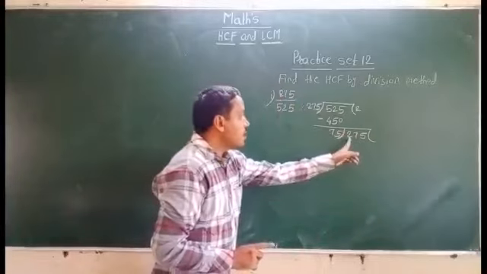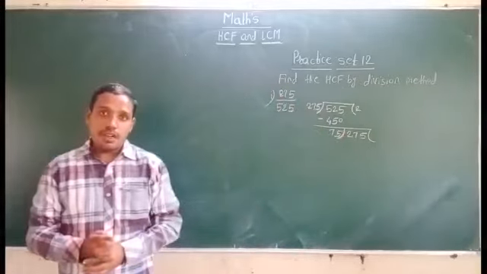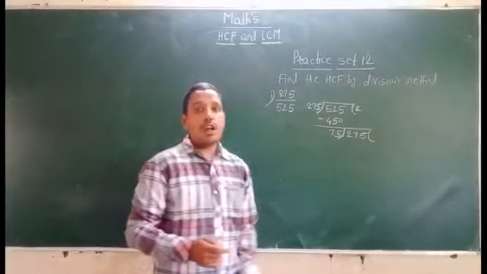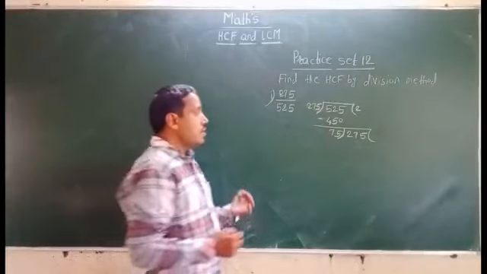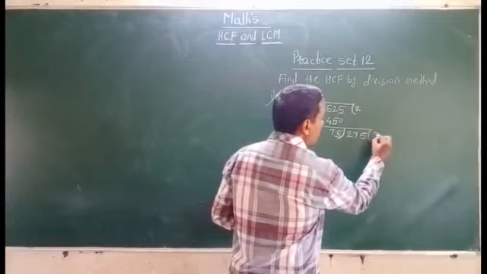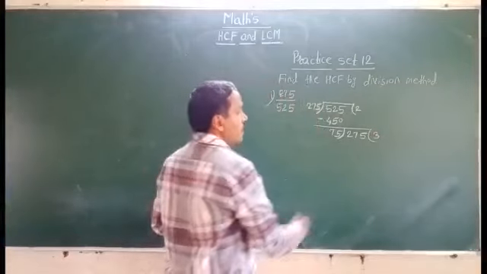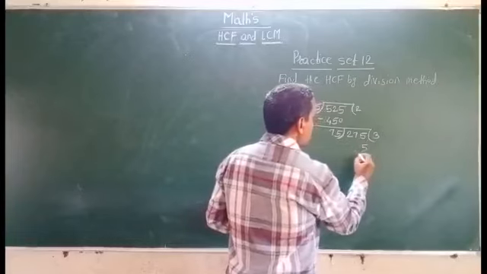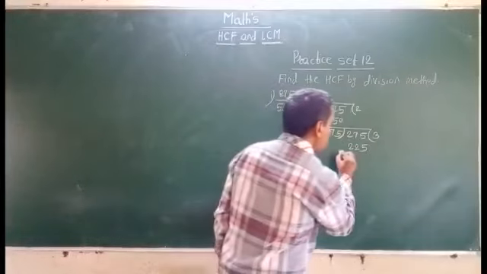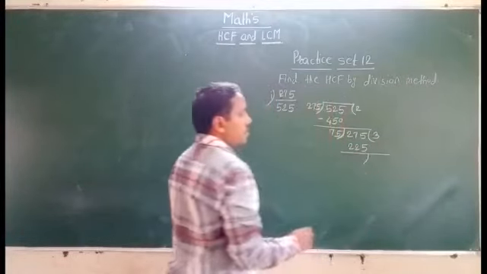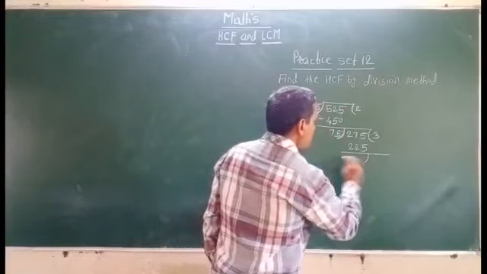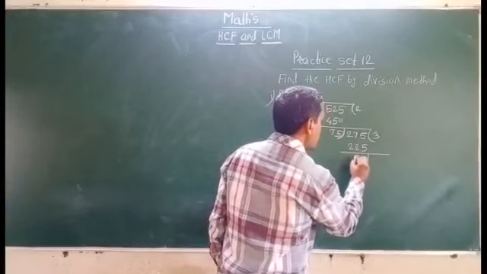Now we divide 275 by 75. That means in a row of 75, the number 275 or less comes. When we multiply 75 by 3, we get the answer 225. When we subtract 225 from 275, we get the answer 50.